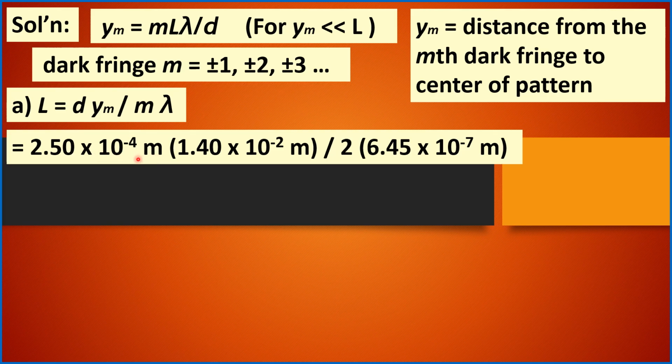All the given quantities have been converted to meters. y sub m, earlier identified, is equal to 1.40 times 10 to the negative 2 meter, and the value of m specified is m equals 2, for a wavelength of 6.45 times 10 to the negative 7 meters.